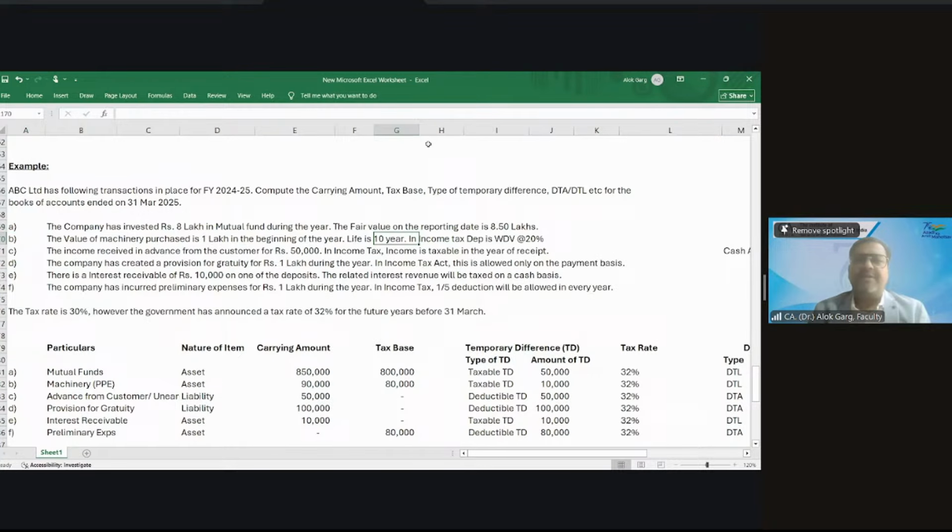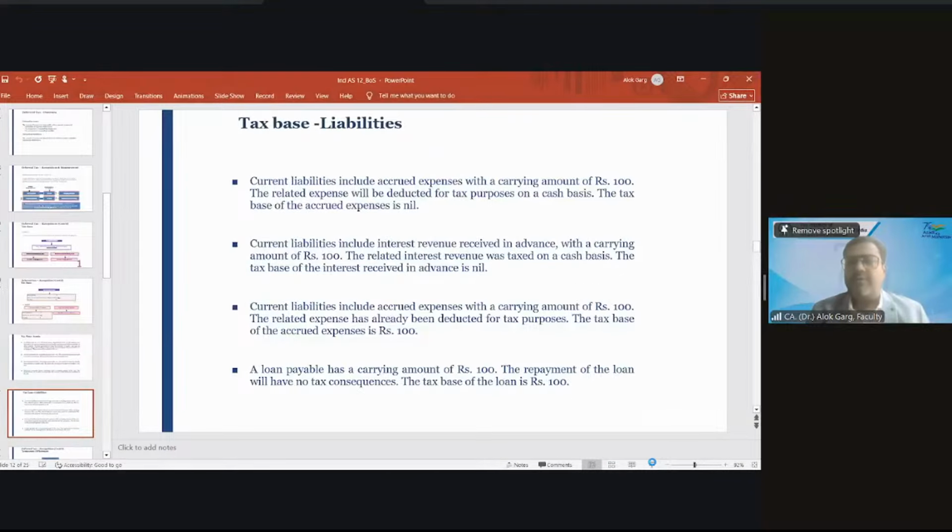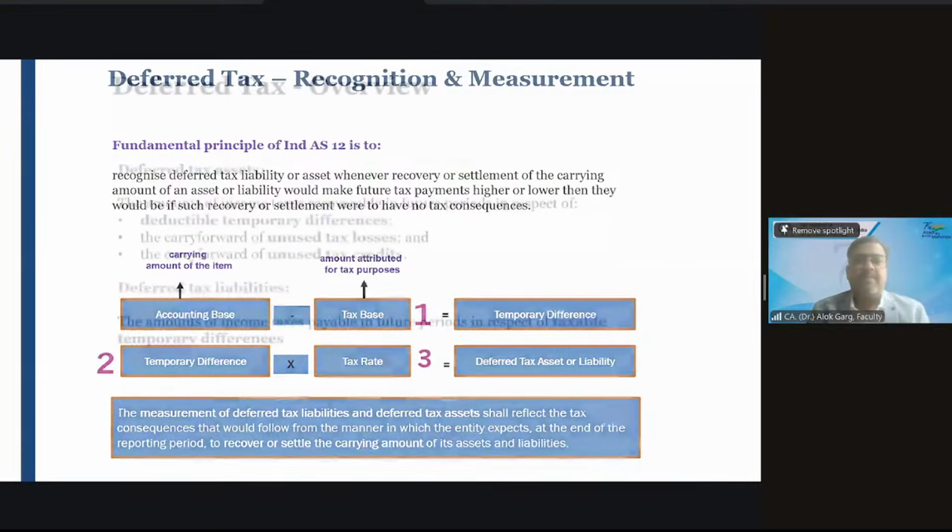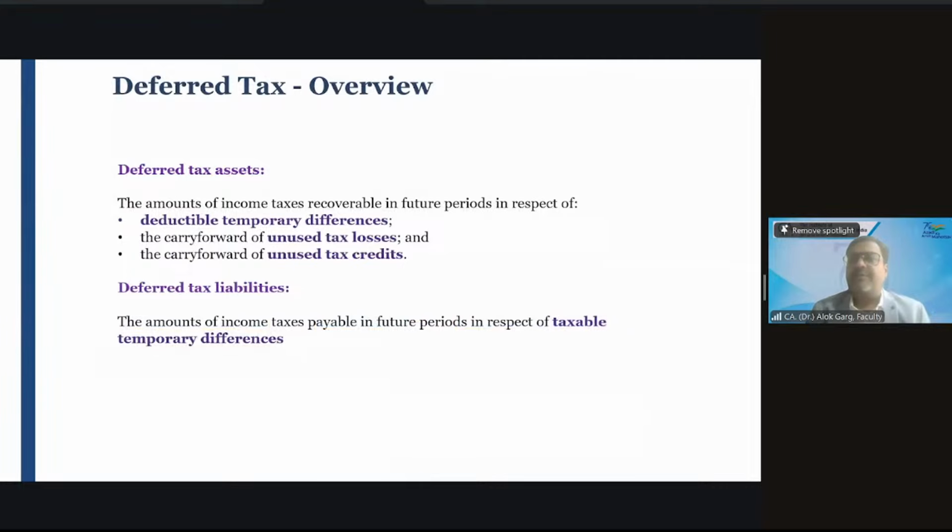Great. So friends, we discussed all these concepts of DTA, DTL. This deferred tax asset has to be created on the temporary differences, and it has to be created on carry forward of business losses also.